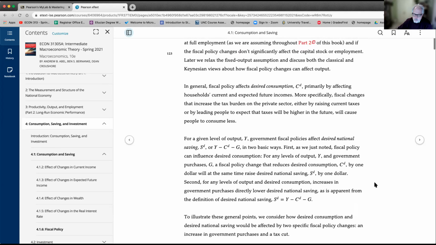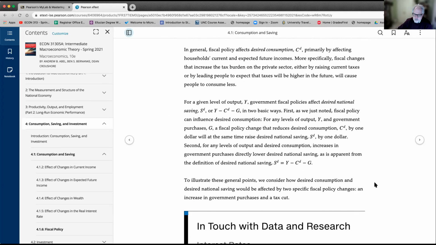That's the question of when the government saves $1 less, does private saving go up by the same amount? If you remember that uses of saving identity from homework number 1, right? The last question in that homework dealt with exactly this question, right? So if private saving goes up to offset the decreased government saving, then there may not be any impact on the economy of an increase in government spending.